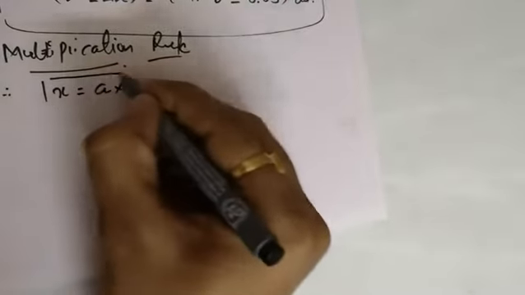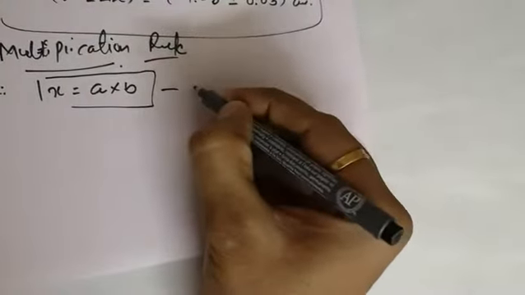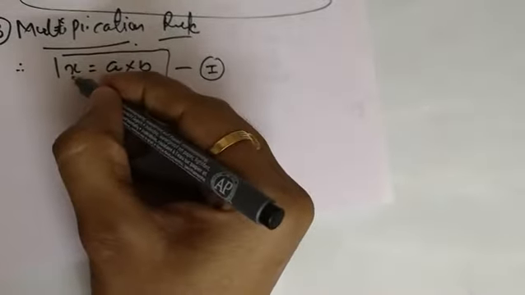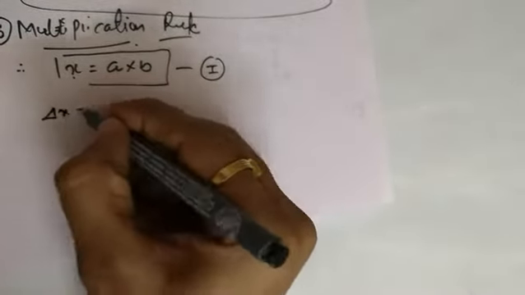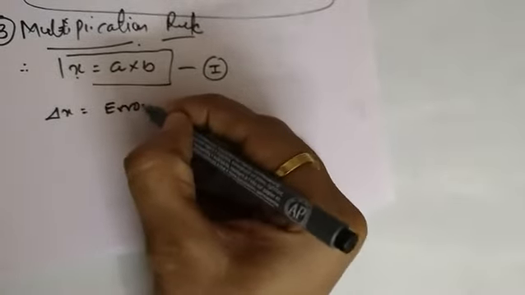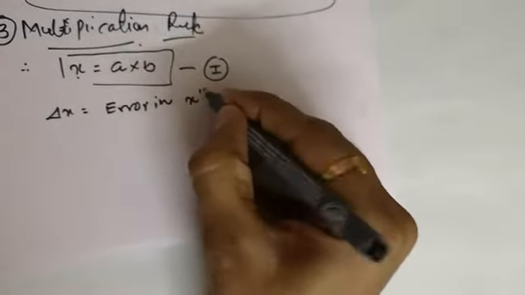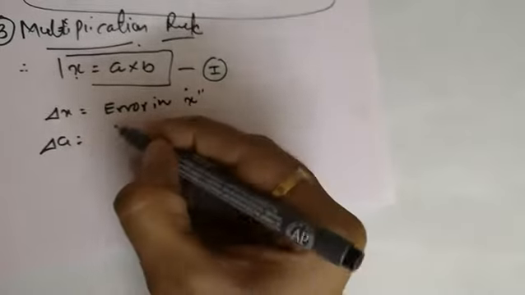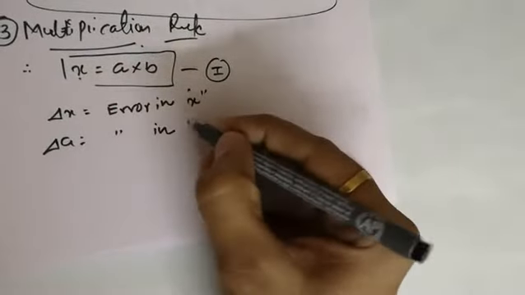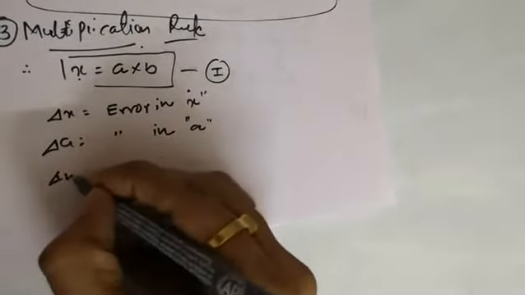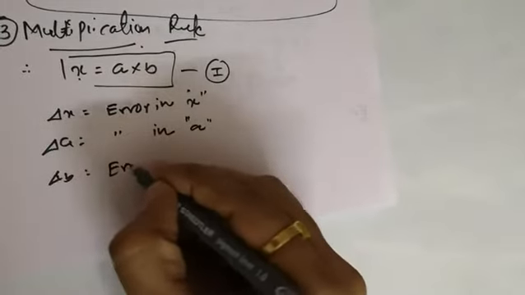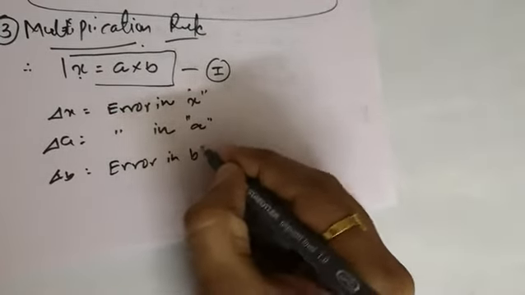So first of all I put x equals a cross b, the multiplication of a and b. Delta x is the error in x, delta a is the error in small a, and delta b is the error in small b.